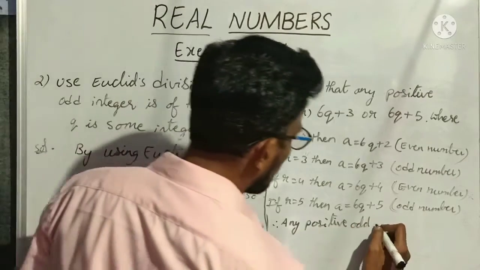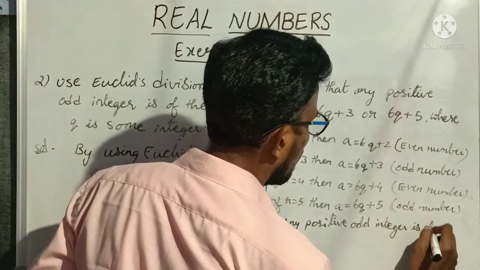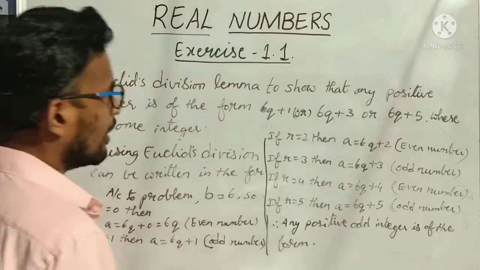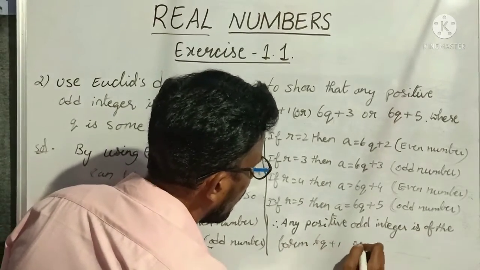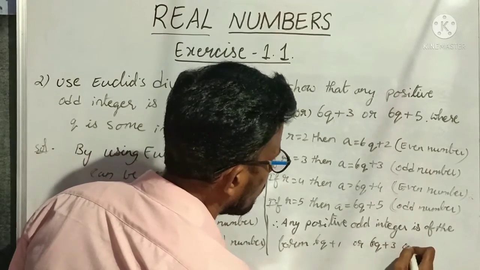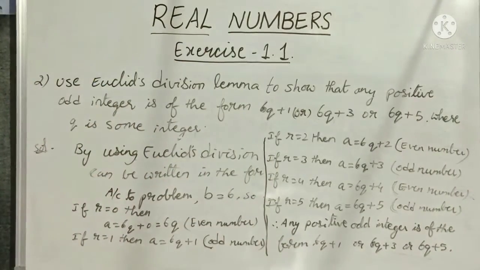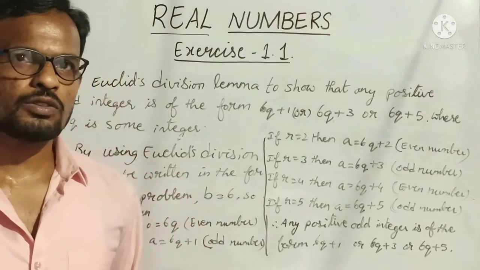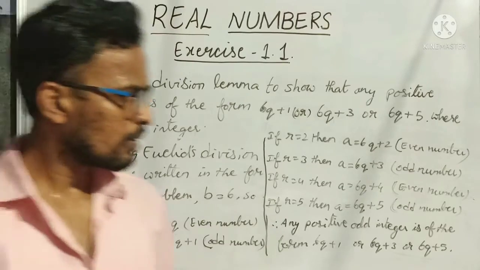It's not odd number, it's odd integer, okay? Odd integer is of the form, what are the required forms we are getting here? 6q plus 1 or 6q plus 3 or 6q plus 5. Okay? So this is our second solution. I hope everybody understood the second solution also, right? Yes. Okay. Thank you.